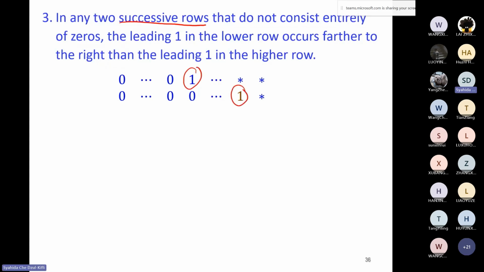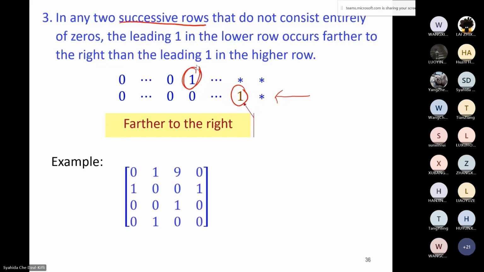This property says that the leading one at the lower row must be to the right of the leading one at the upper row. Is that clear? Farther to the right.